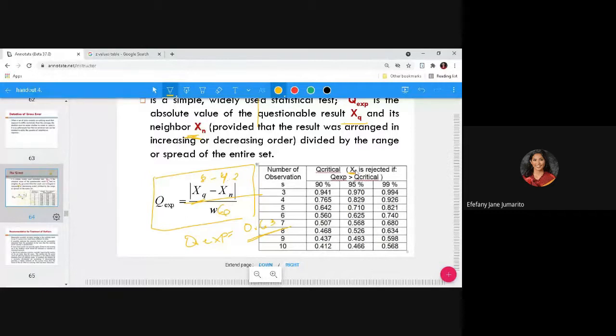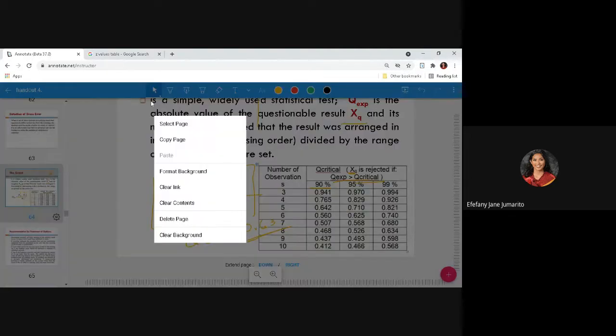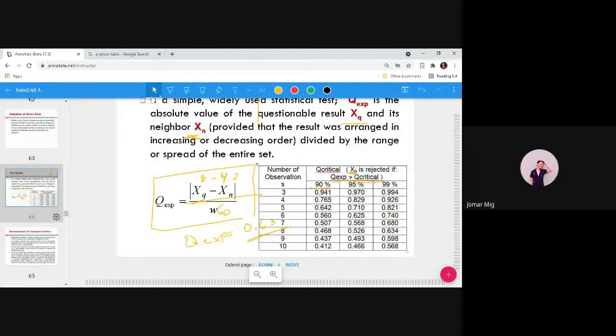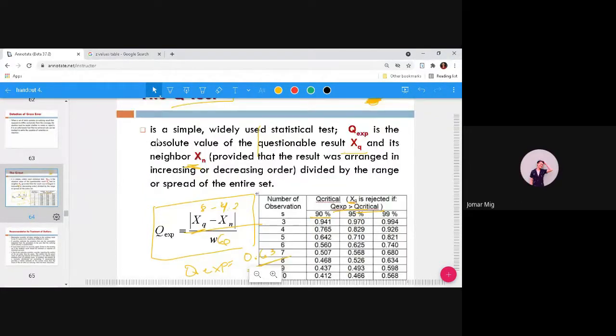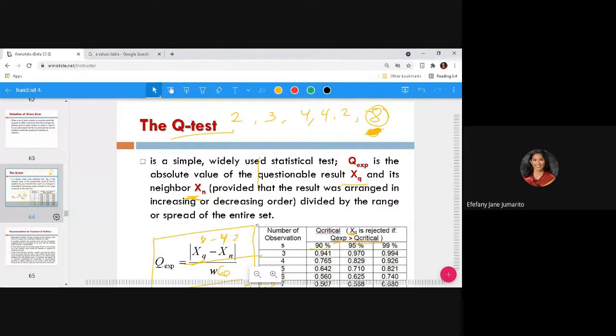It says that we will reject our questionable data, XQ, if our Q experimental is greater than our critical point. So at 90%, what is Q critical? 0.468, ma'am. Reject it, ma'am? 0.68.